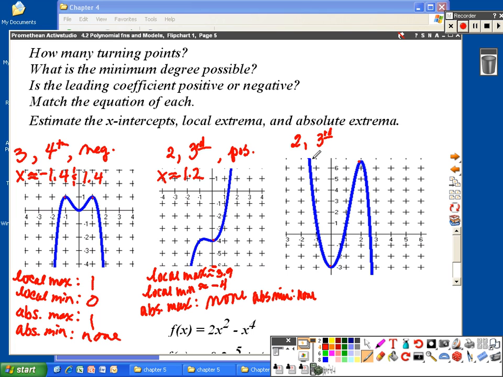Negative, negative, so it'll be positive. And x-intercept about negative 0.9, 1, and 2.7.